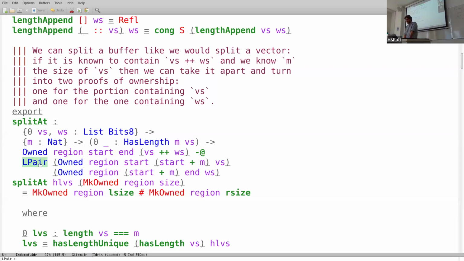And so I can take it apart and get a linear pair. All of these things are linear. This implication here is linear, which models the fact that it is consumed. And I get a region from the start to the start plus the length of these that contains these, and then another region from the end of the first to the end of the overall buffer that contains the W's that are left afterwards.